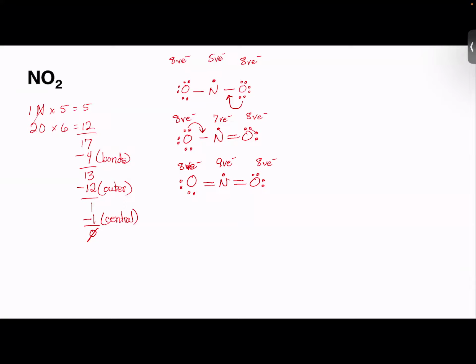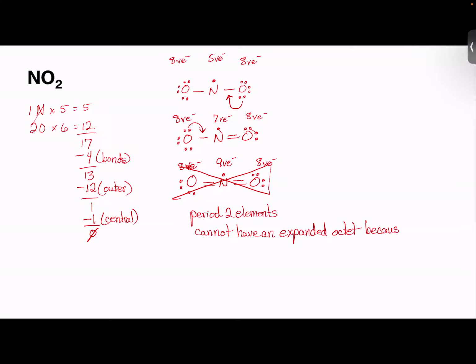However, this structure cannot exist. Period 2 elements cannot have an expanded octet, because d orbitals do not exist.